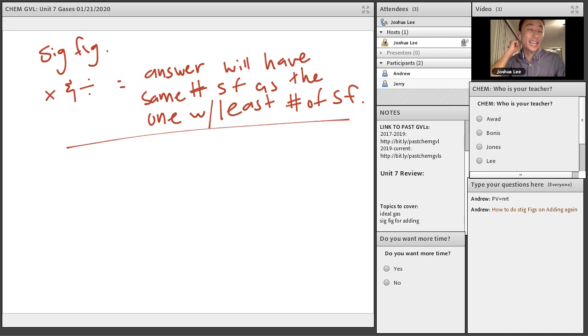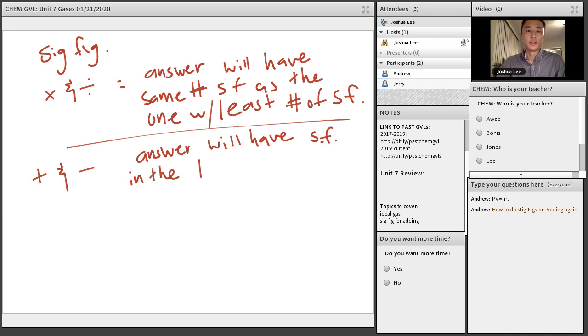But when it comes to adding and subtracting, this is where we care where the sig fig is. The answer will have the sig fig in the least precise measurement.